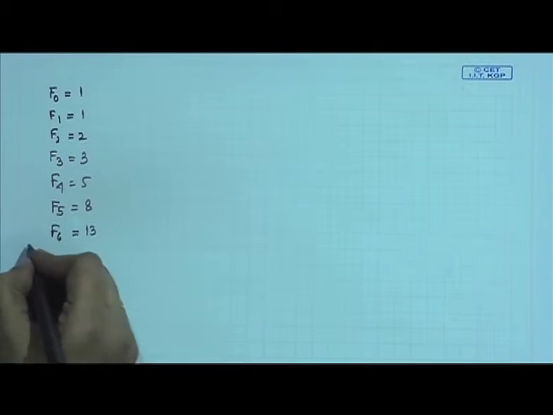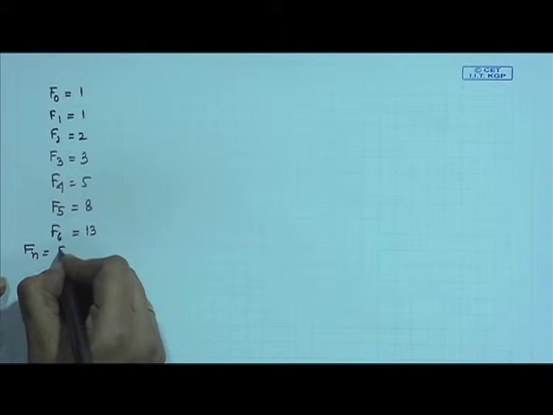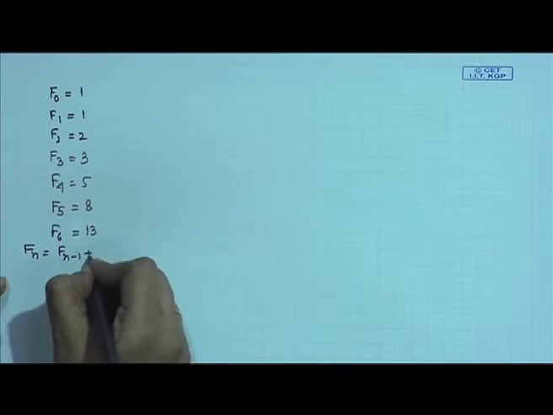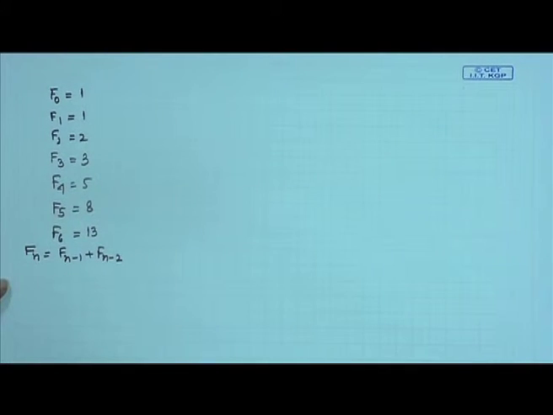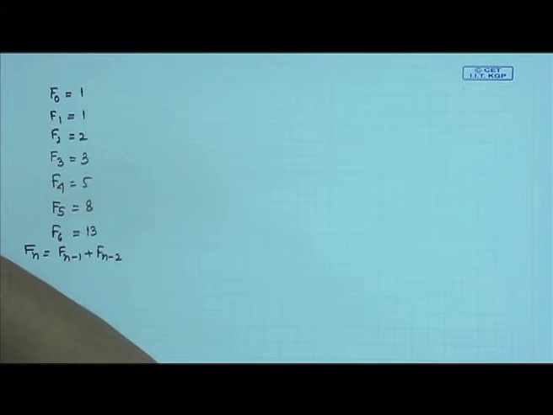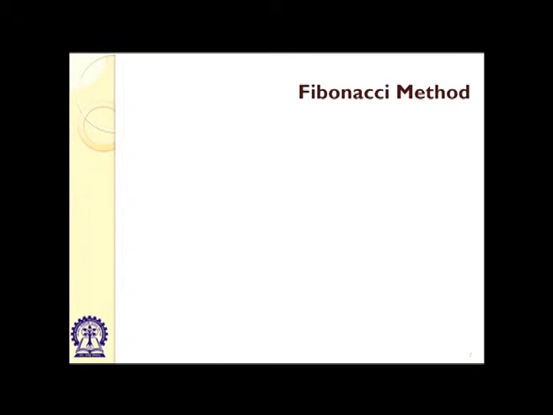And what is the understanding for the Fibonacci series? Fn is equal to Fn minus 1 plus Fn minus 2. Alright, this is the thing. Now I am coming to the process. This is my initial interval of uncertainty.